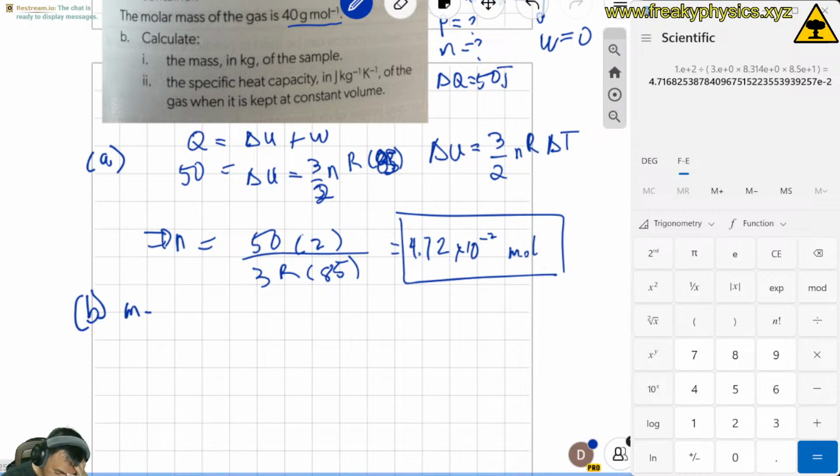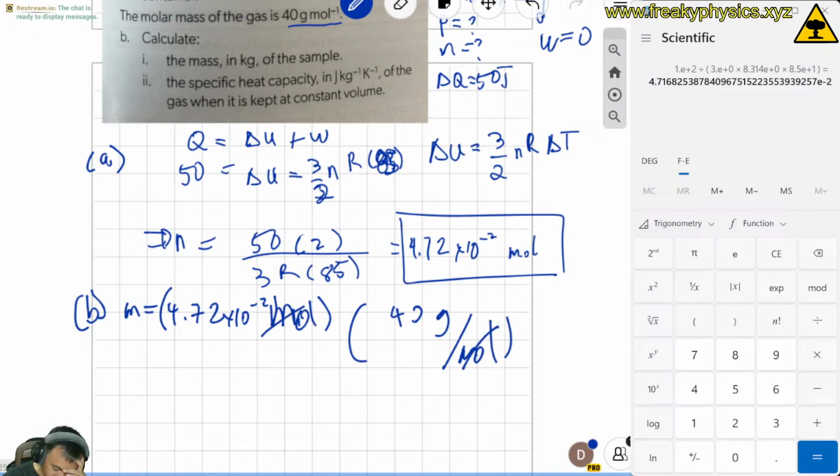The mass is equal to the number of moles times the molar mass. 4.772 times 10 to the minus 2 mole, and then we have 40 grams per mole. So the mole cancels out already. All we do now is multiply this number by 40, and that's going to give us 1.87 grams. So that's our mass.